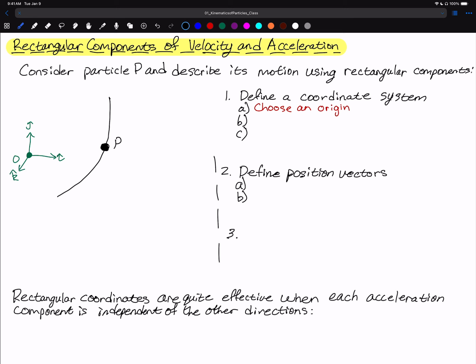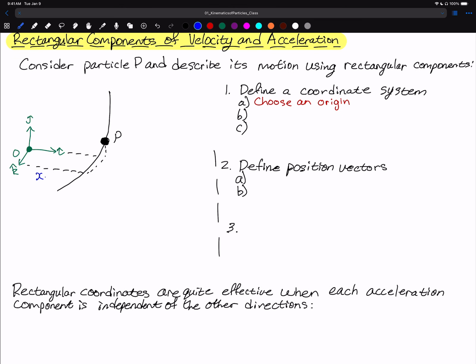And here's our particle. In the i direction, it is going to have a position of x of t. In the k direction, it will have a position of z of t. And in the j direction, it will have a position of y of t.